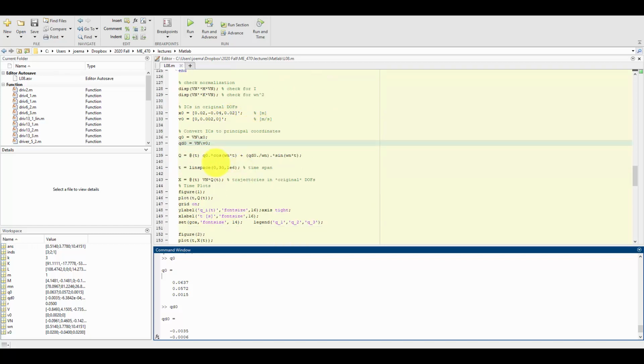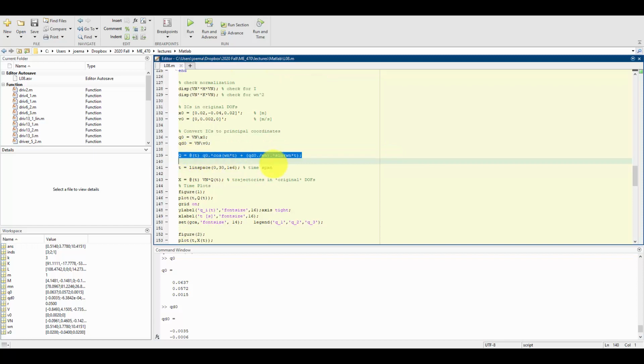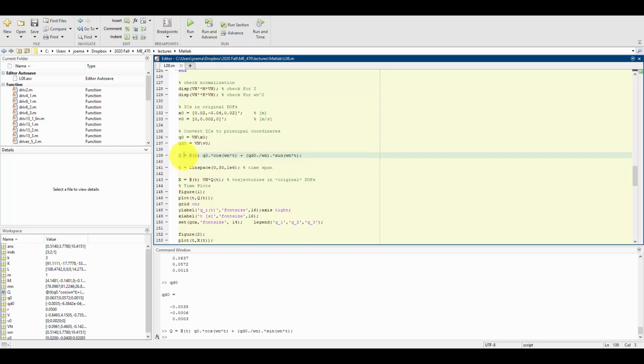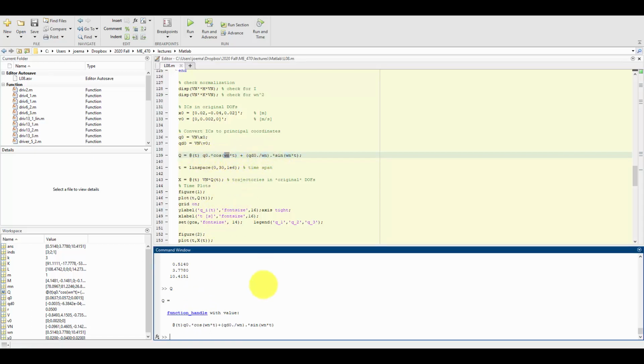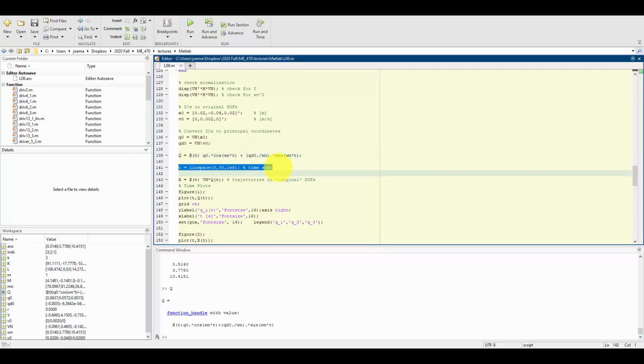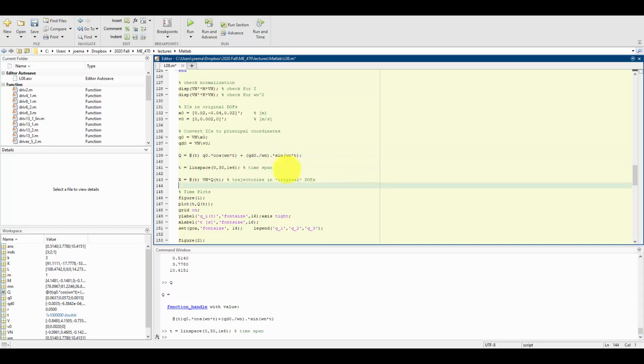So in 139, I'm doing this exact same calculation I just did, but I'm making this capital Q function that's going to give me all at one time Q1, 2, and 3. So if we see what's happening here, because Q naught is this column vector and omega n is a column vector, this is going to come out that Q is going to give me Q1, 2, 3 once I feed it a time span. So let's see what this looks like over 30 seconds. And that's what I will plot here.